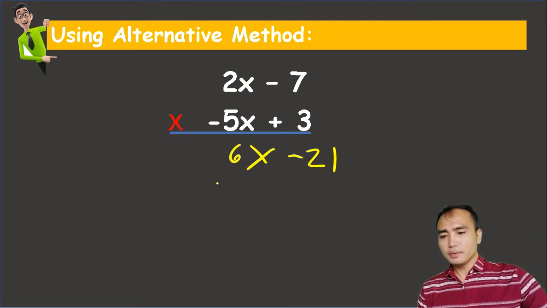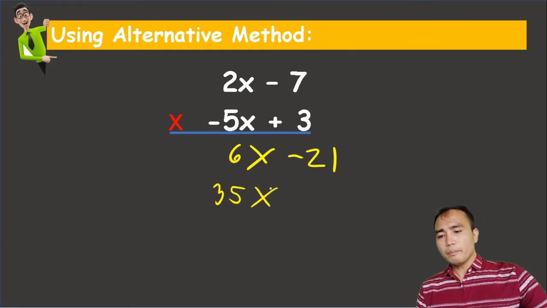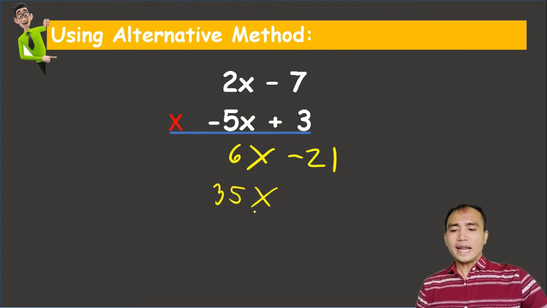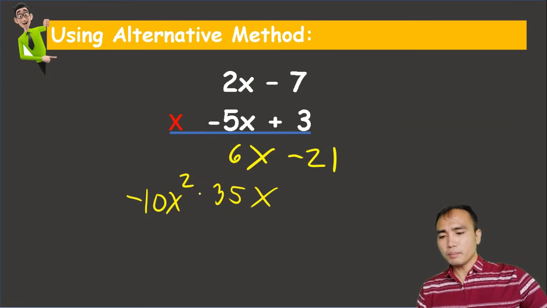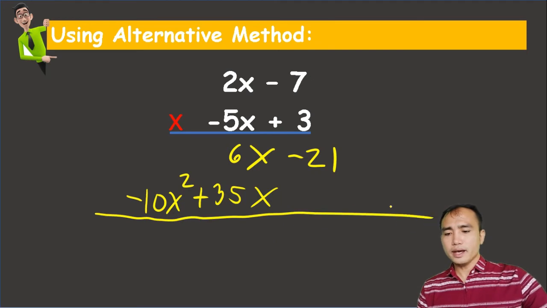So, positive 35x. Make sure that the like terms are aligned. Next, negative 5x times 2x is equal to negative 10x squared. So this is positive. We're going to put plus sign. Okay, next, simplify.